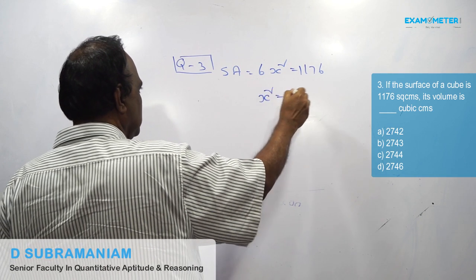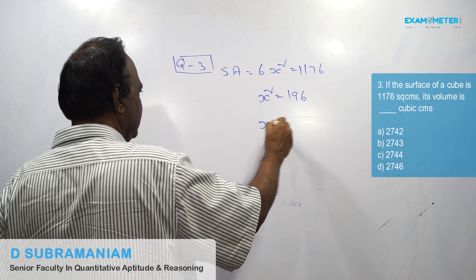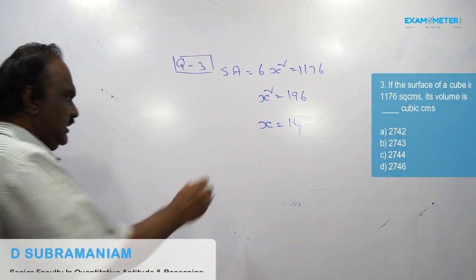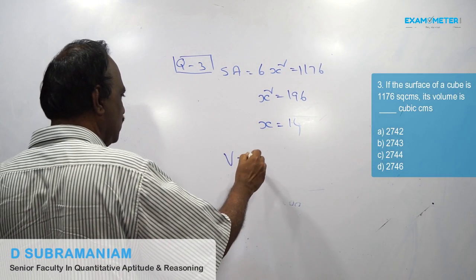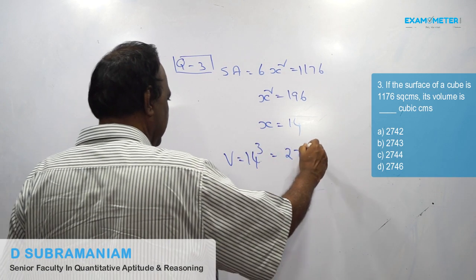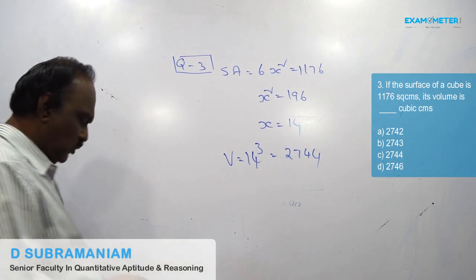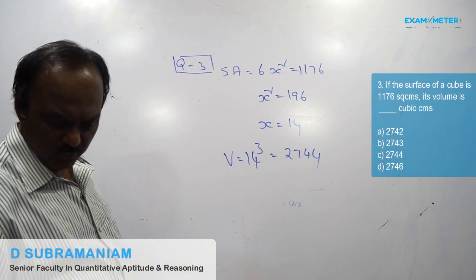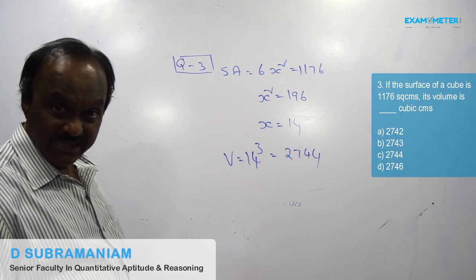X square is equal to 196. Therefore, x value comes to 14. Therefore, volume is 14 cube, that is 2744 cubic centimeters. So answer is 2744, multiple choice A.